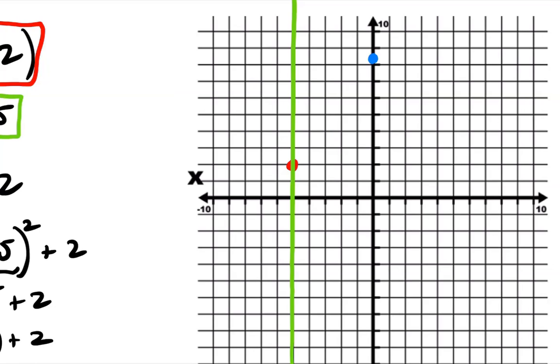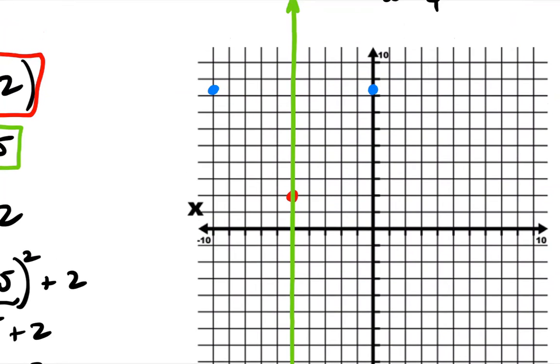Well, if something happens to the right, it's also going to happen to the left. So this is 1, 2, 3, 4, 5 units away. So I'm going to go 1, 2, 3, 4, 5 units away. So the other dot's going to be right about there. Then you sketch.